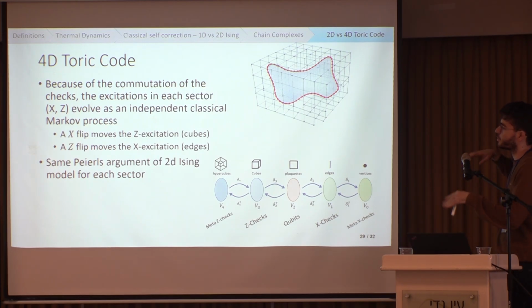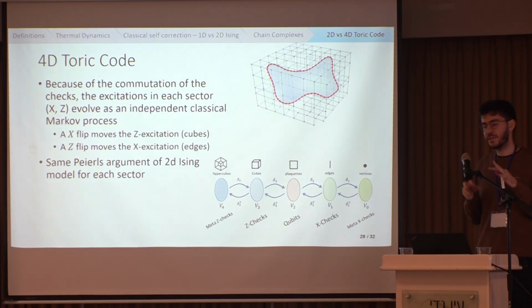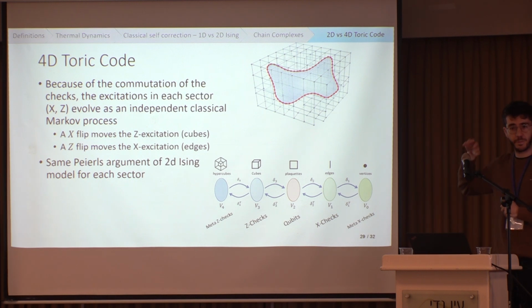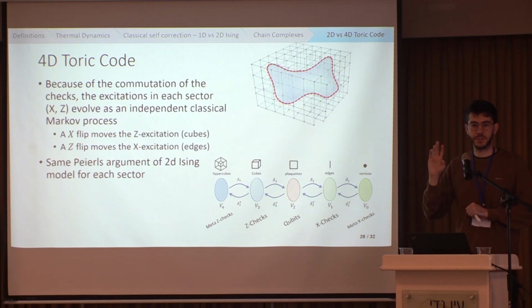The commutation of checks lets us treat each check sector, the X checks and Z checks, as independent classical Markov processes, and the same argument as in the 2D Ising model would be relevant. Even though we're embedded in a much higher dimension, the loop argument is the same. Questions? Because it's still very important.